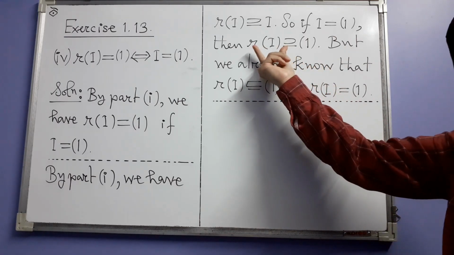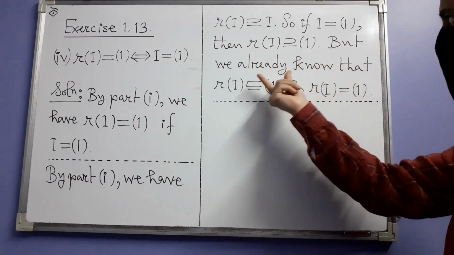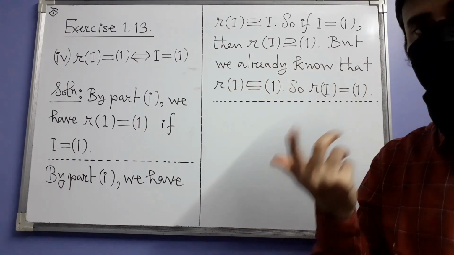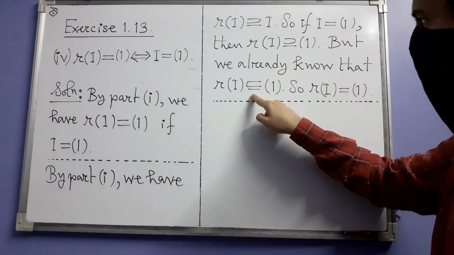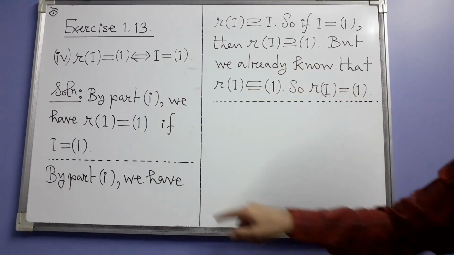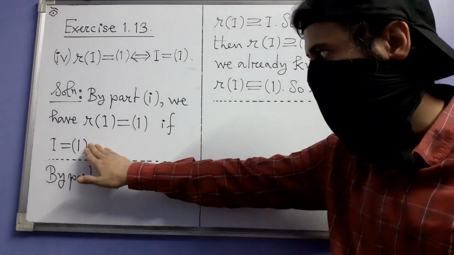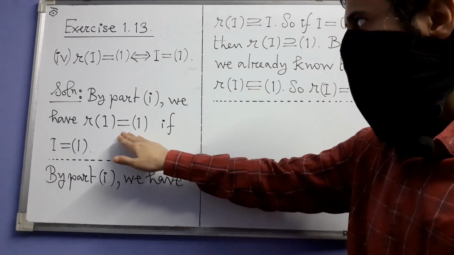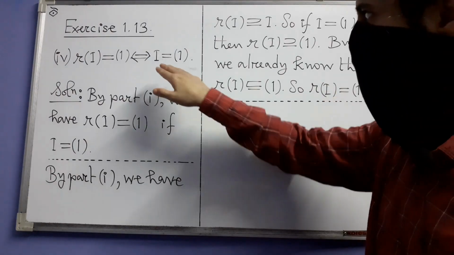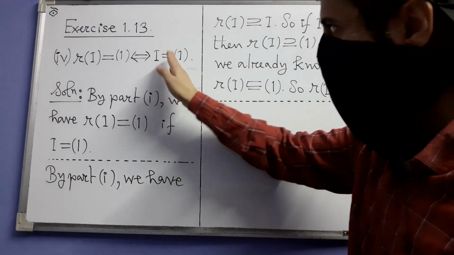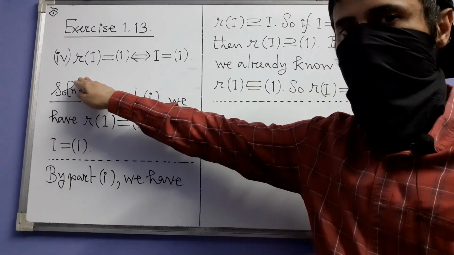However, the radical of I itself is of course a subset of the entire ring. So combining these two containments, we get R of I equal to 1. That is why if this is true, then this is true. In other words, we have proved one of the two implications, namely this implies this.